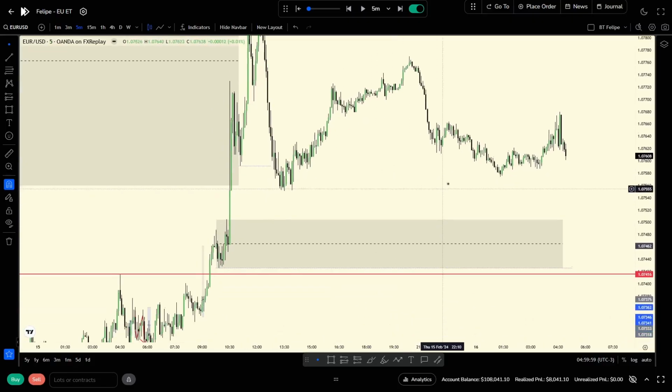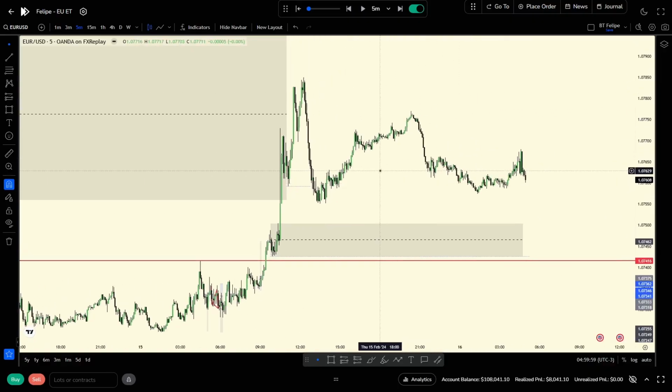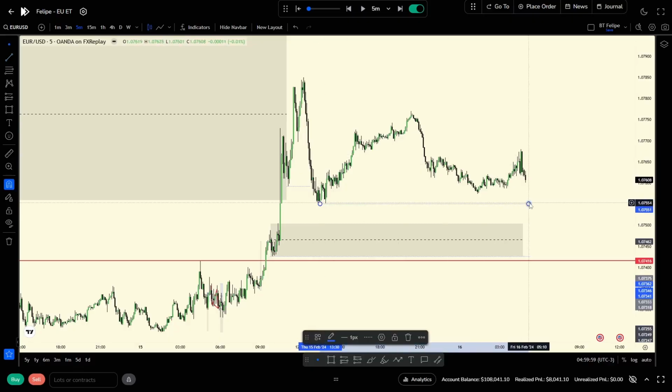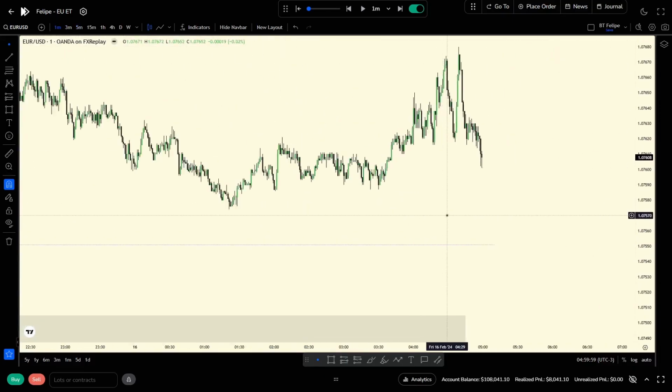I'm more focused on longs since this move is going up very nicely. This is just a correction. Maybe a correction to take this, so we can maybe short until here and then look for longs.